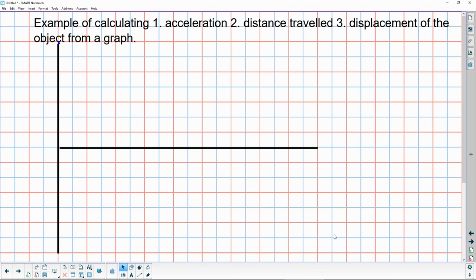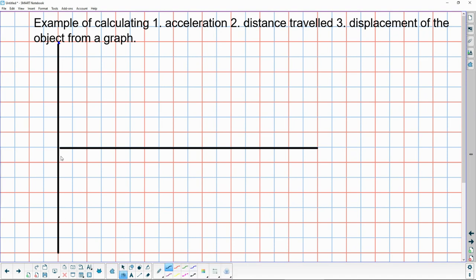So this is going to be our velocity on the horizontal. Just setting up my screen a little better.